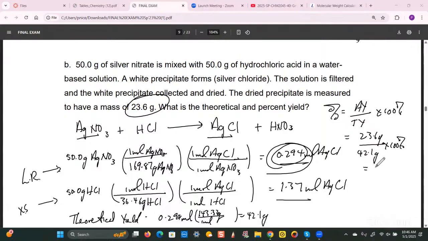And let's see what that gives, 23.6 divided by 42.1 times 100. According to my calculation, this works out to be 56.1%. And that's how that is done.